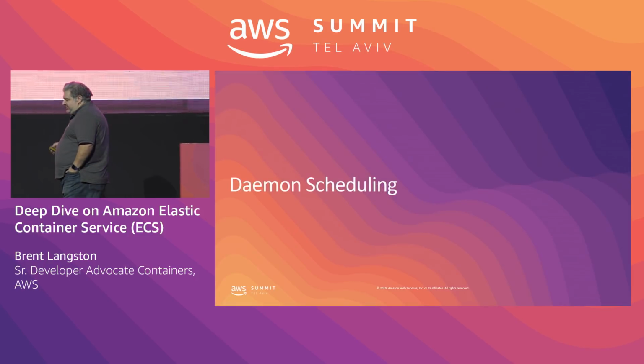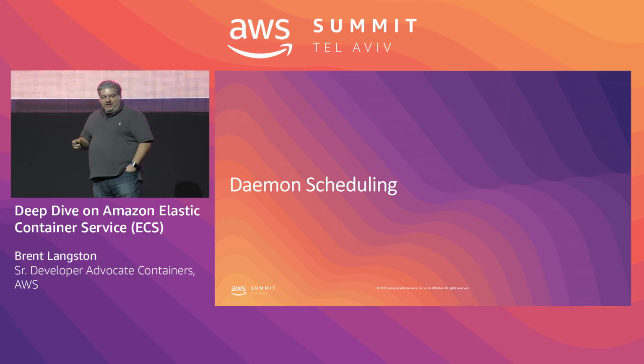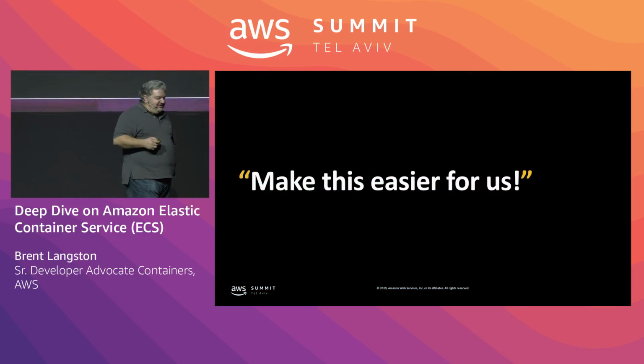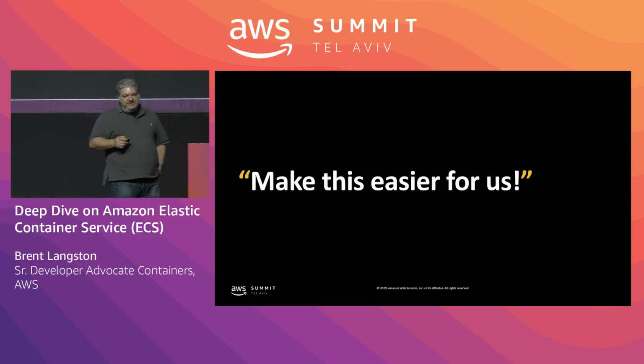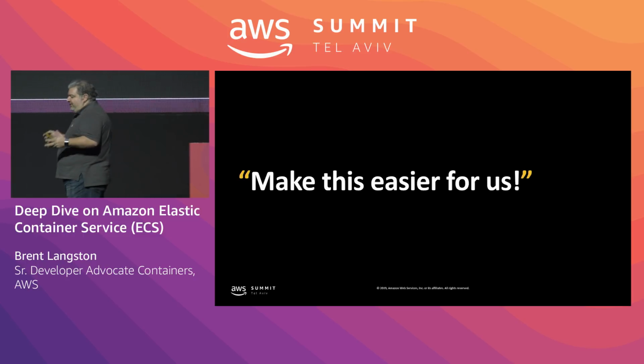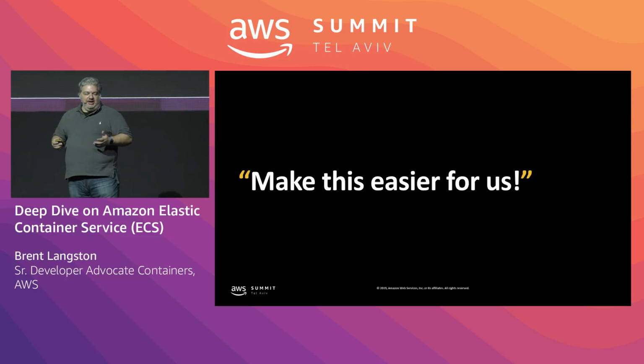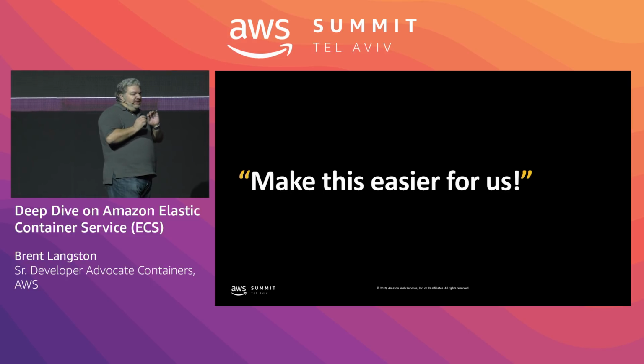So, Daemon Scheduling. Again, make this easier for us. Prior to us launching this feature, Daemon Scheduling was something that people were trying to figure out how to do. They were working with what they had, coming up with workarounds. They were looking at, what's the size of my autoscale group?